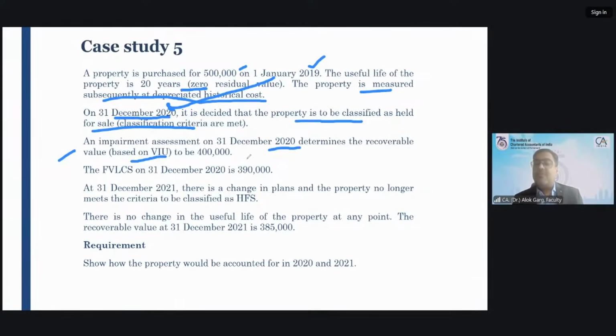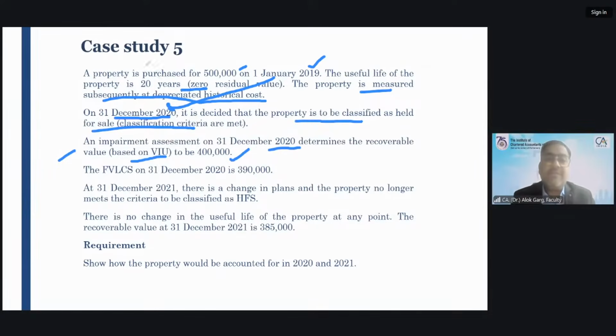So 5 lakh minus 50,000 comes to 4.50 lakh, and the recoverable value given on 31st December 2020 is 4 lakh. What does it mean? It's actually impaired. 50,000 is the impairment loss. 5 lakh minus 50,000 minus 50,000 is 4 lakh.